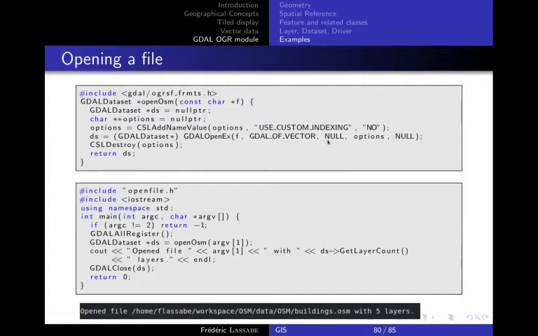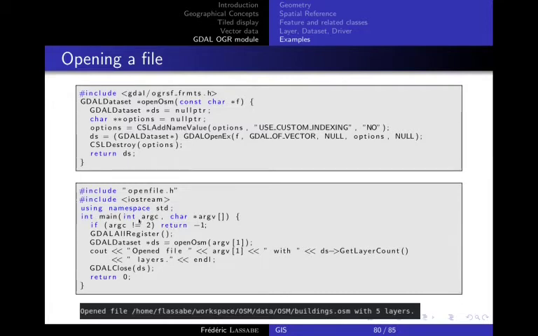Here we have two parameters which are null because we do not want to put the options here, and our options USE_CUSTOM_INDEXING=NO are passed as the fourth parameter. When we have read the file, we can destroy the options with CSLDestroy and return the dataset.